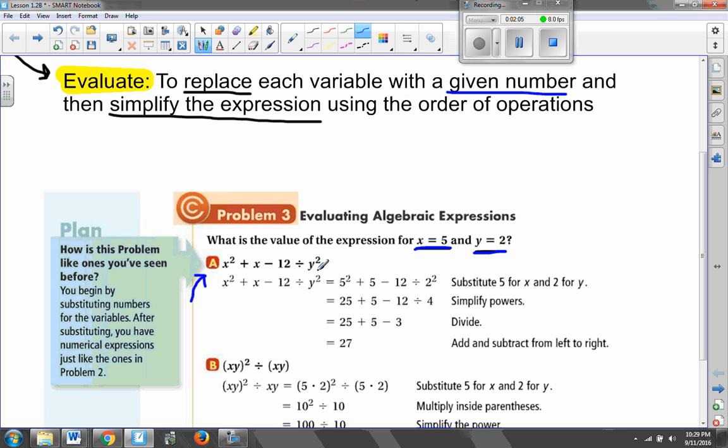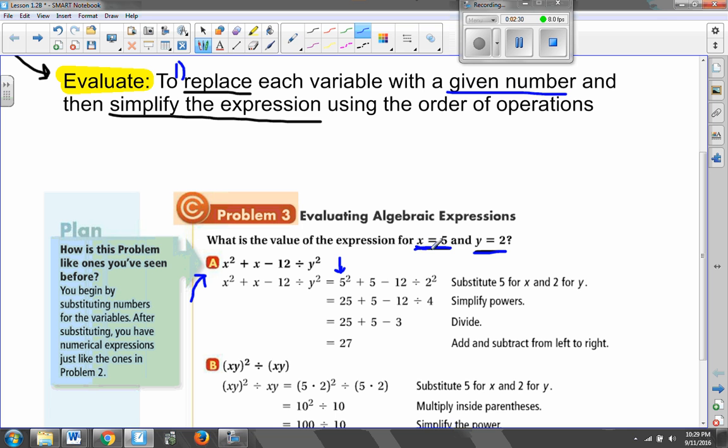So the first thing that we're going to do, step 1, is this replacing. Step 1 is to replace each letter, each variable in the expression with its given value. So instead of x squared, we now say 5 squared because x is equal to 5.